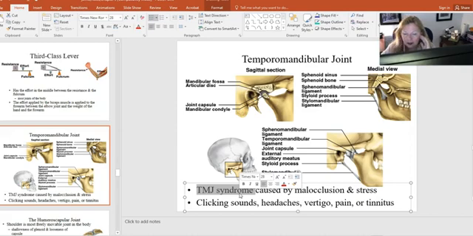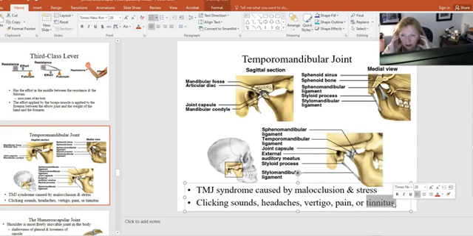And over time, this can lead to not only inability to open the joint as much as you should, but pain when it's closing and opening. It can lead to headaches, vertigo, which is a feeling of disorientation and dizziness, and tinnitus, which is ringing in the ears, so this constant ringing in the ears.